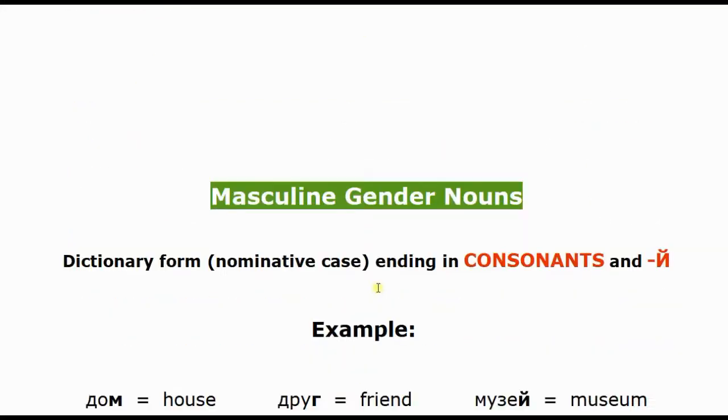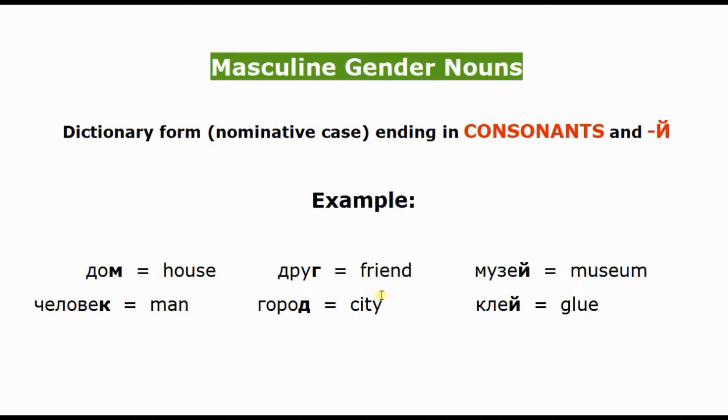So the basic rule is that not all, but most of the masculine gender nouns, I'm talking about the dictionary form, that is the form of the word that you see in the dictionary, end in consonants or the letter Й.